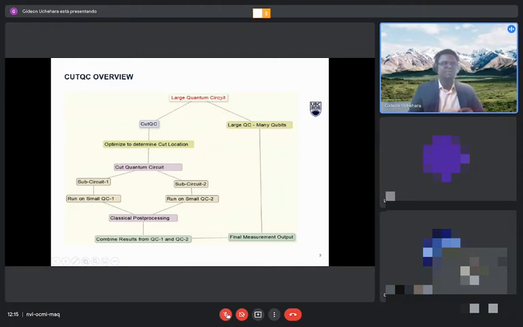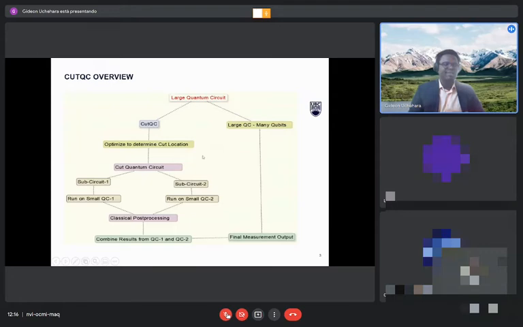So given the problem, which is the quantum circuit that you want to solve, if you have the required device with the number of qubits that your quantum circuit requires, you can simply run that through your large quantum computer, do the measurement and get the measurement outcome. And that's pretty much straightforward.